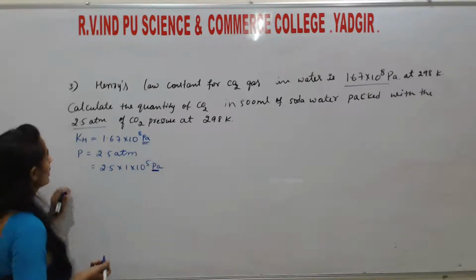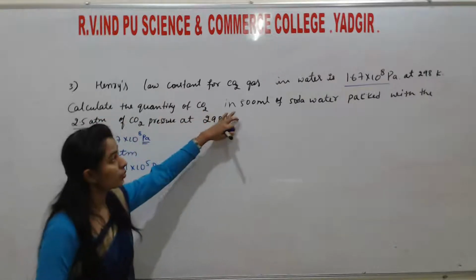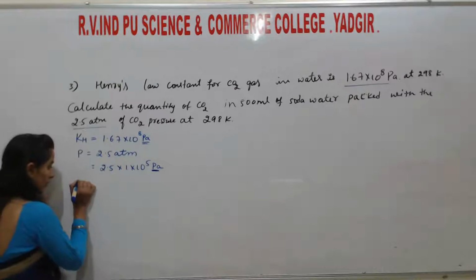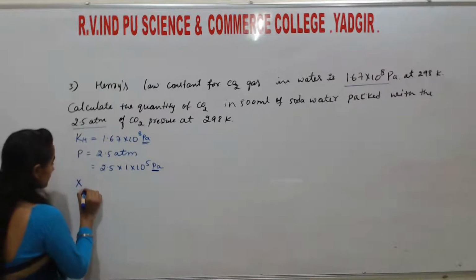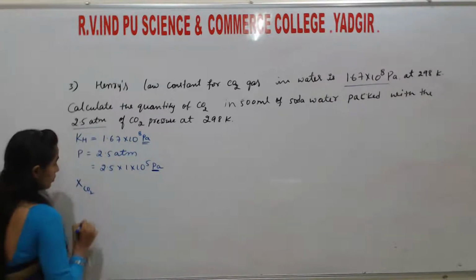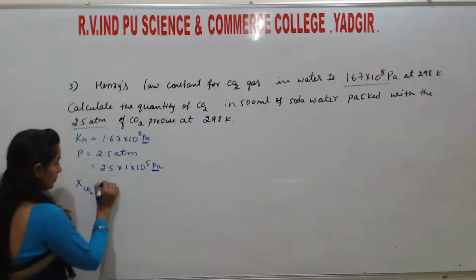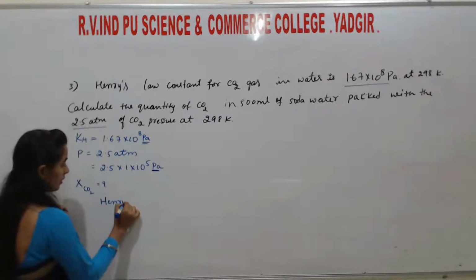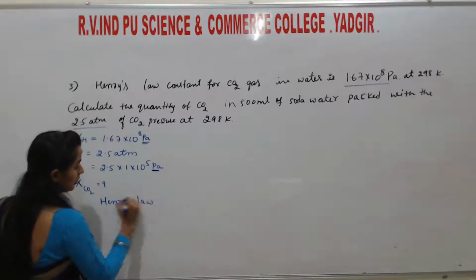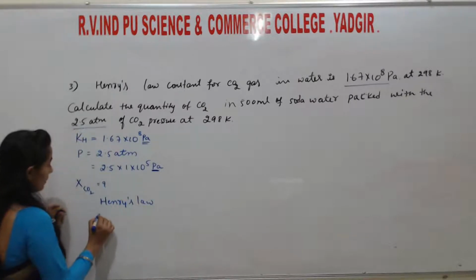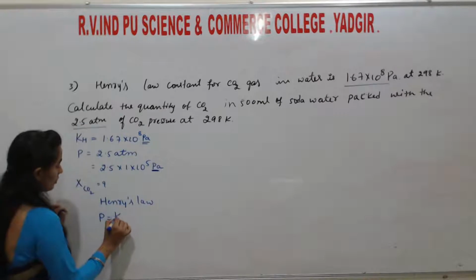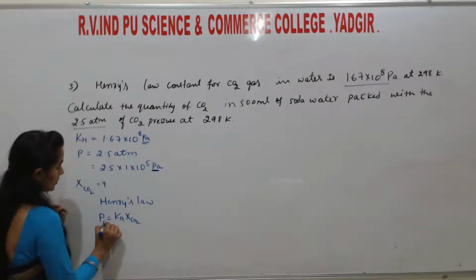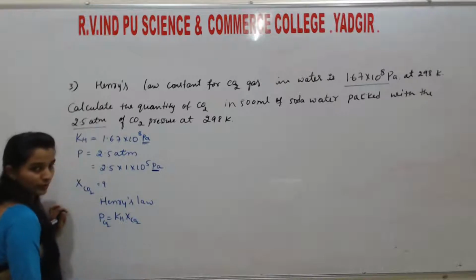What are we going to calculate? The quantity of CO2 in 500 ml of soda water. So first we have to find X of CO2. Using Henry's law, what is the formula? P is equal to Kh into X of CO2, where P is the pressure of CO2.